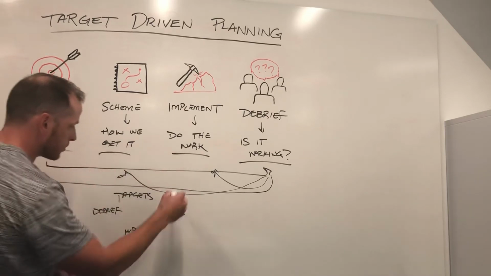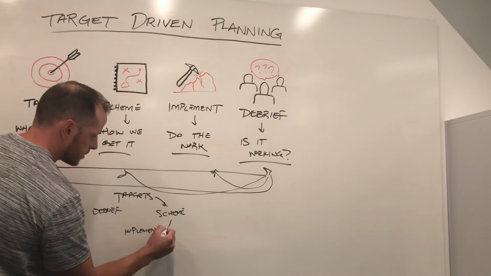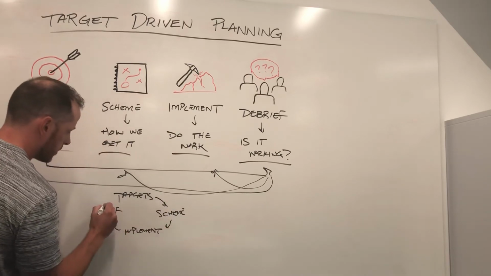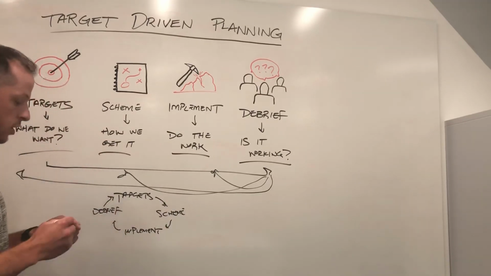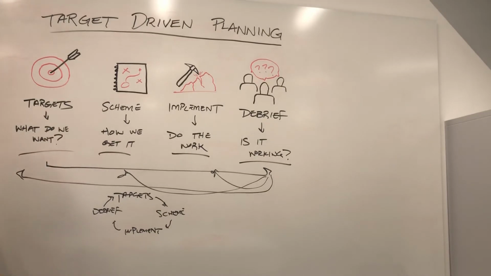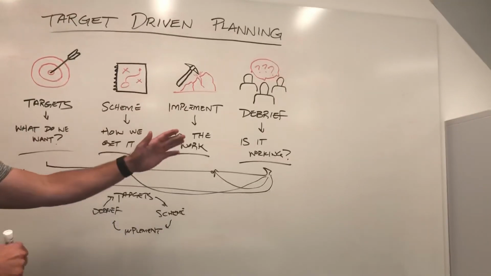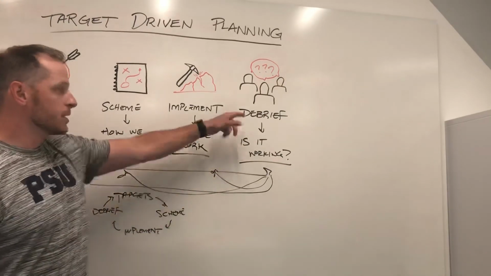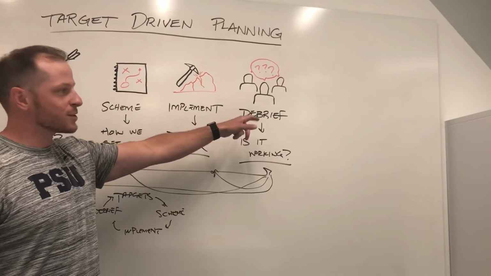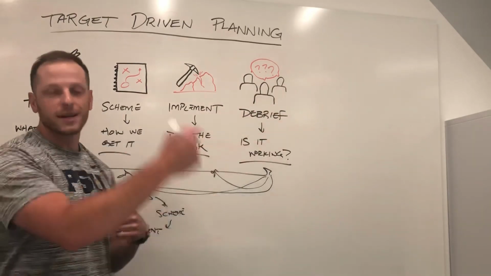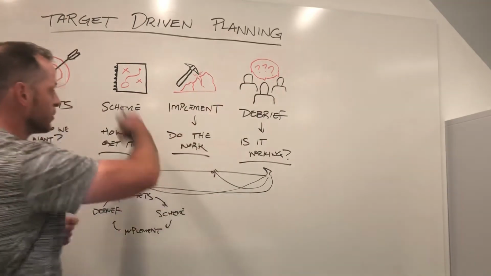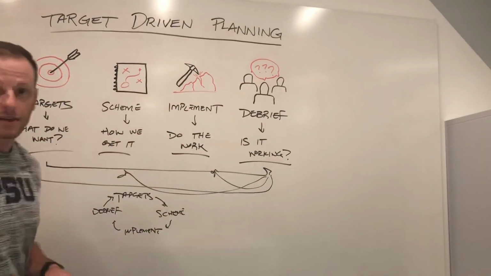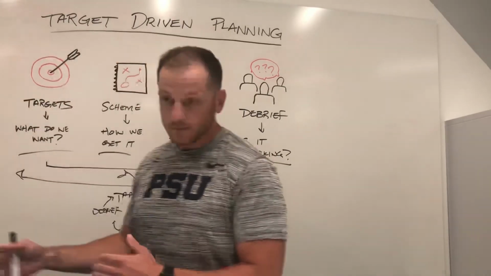Instead of always going this way, it actually works more in a circle. Looking at this, the end of each planning cycle, if you will, is going to be the debrief, but then that debrief is also the beginning of the next planning cycle. So it's constantly looking back on how you can improve those next steps.